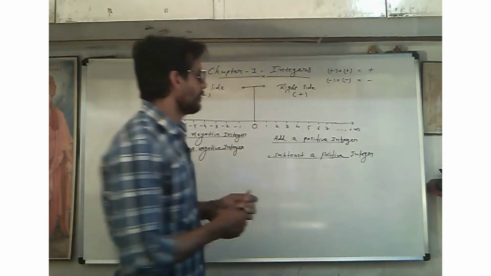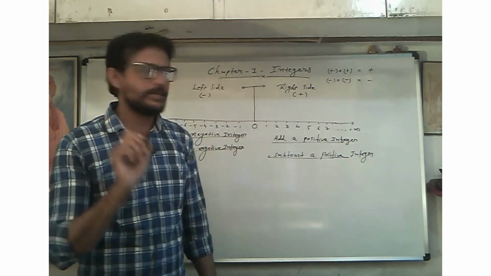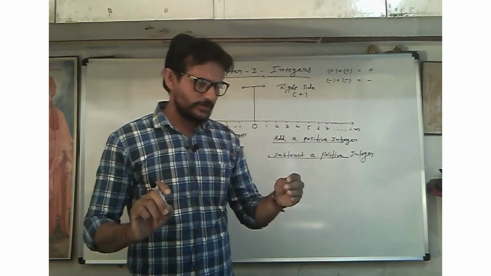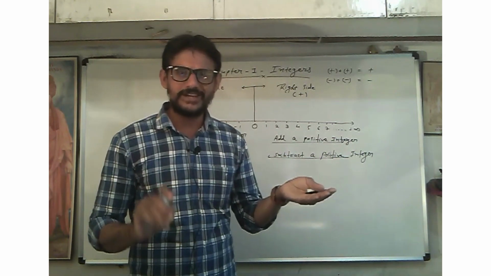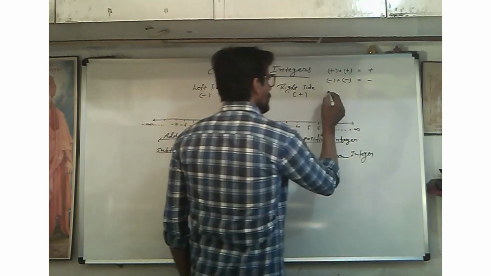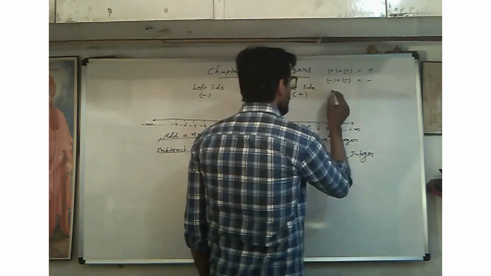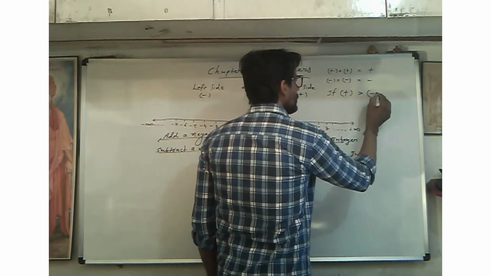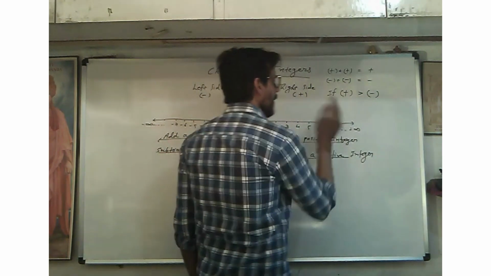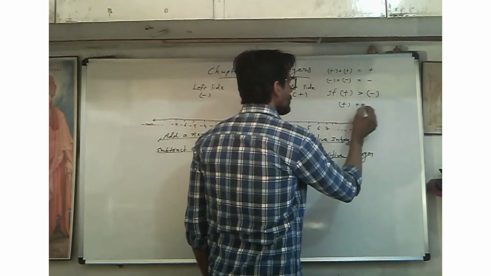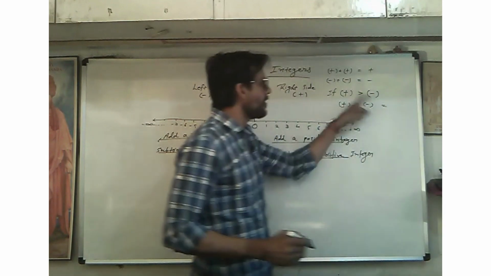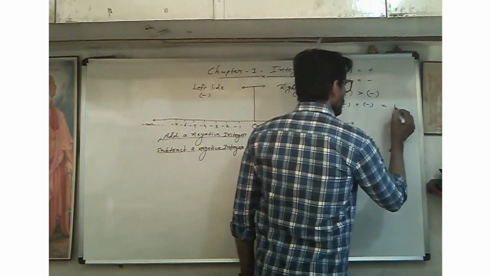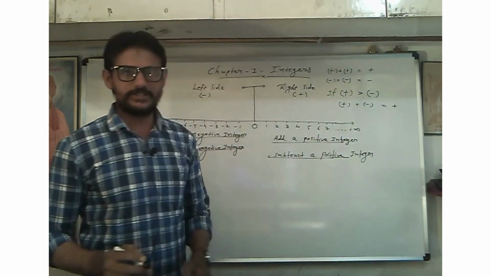Now, I take two integers, one is positive and second is negative. But there is a condition. If the positive integer is greater than the negative integer and you add these two integers, the result will be a positive integer.